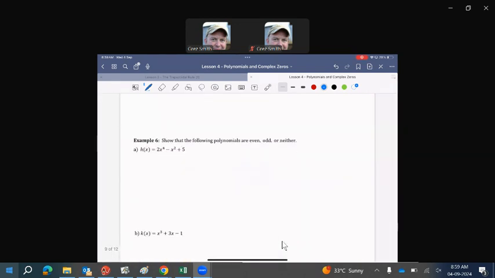So we take 2, we put in our minus x here, and we put in this. What is minus x to the power of 4? Minus x to the power of 4 is going to be x to the 4. And then minus x squared is simply going to be x squared.